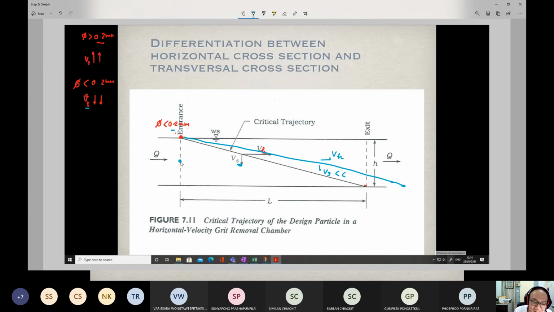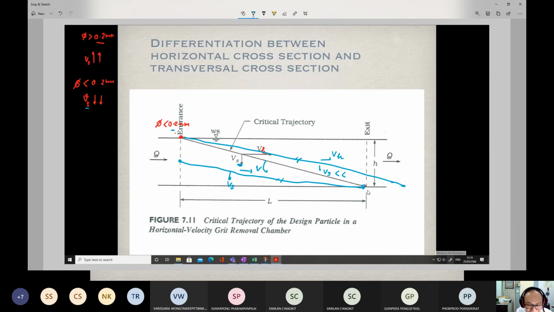The trajectory line of these particles will be something like this. This is Vs and this is Vh. This line and this line are parallel to each other because they are the same size particles. They have the same settling velocities and the same horizontal velocities. But finally, these particles reach the bottom of the chamber at this position, which is still within the settling zone.